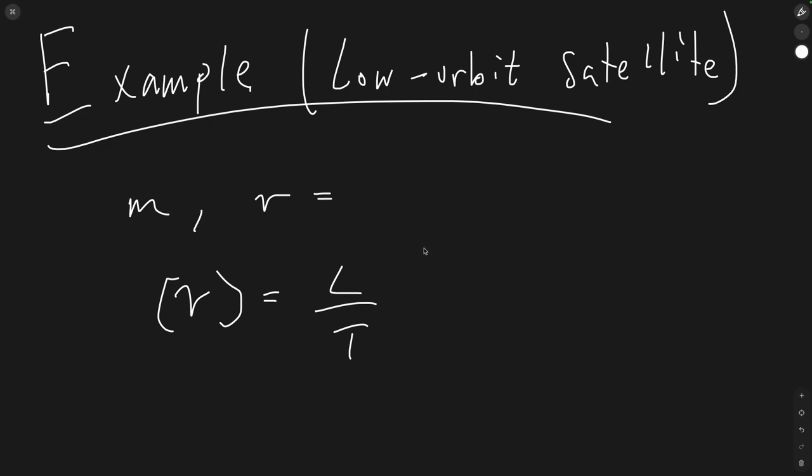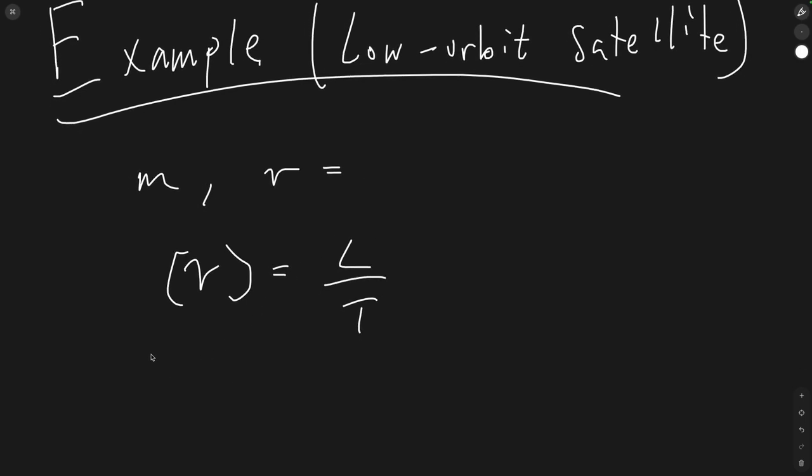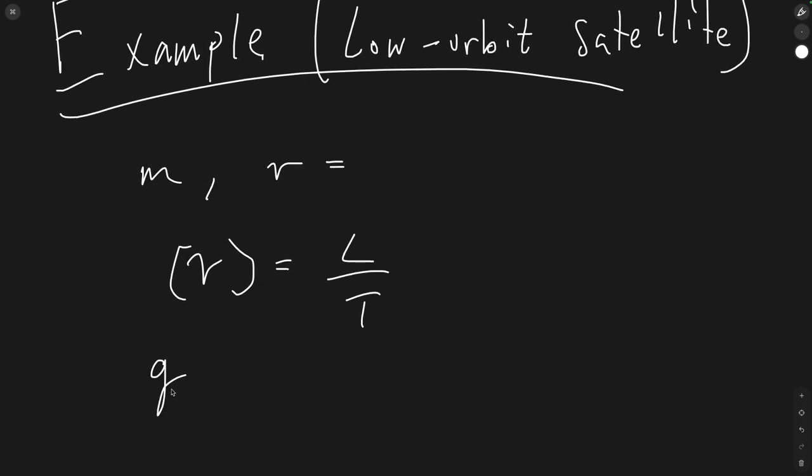So G is involved. Okay. And not only that, okay, so that's fine. But that's not enough to get us there, because there's no way we can manipulate G to get length over time when the units of G are acceleration.